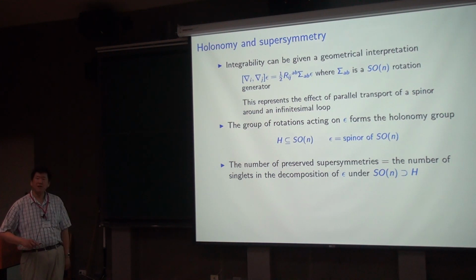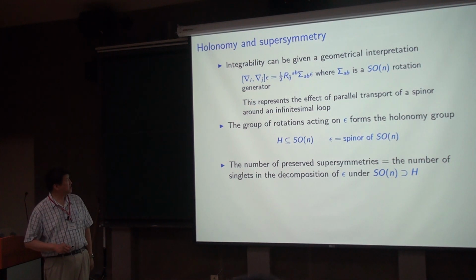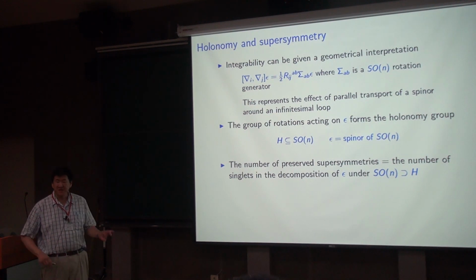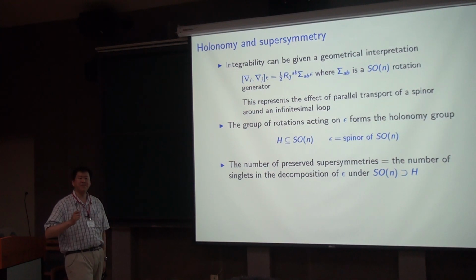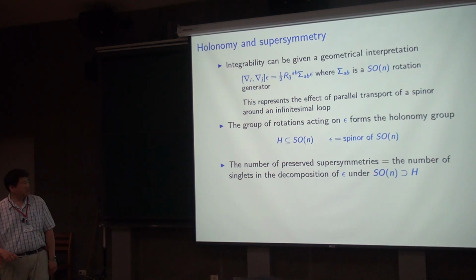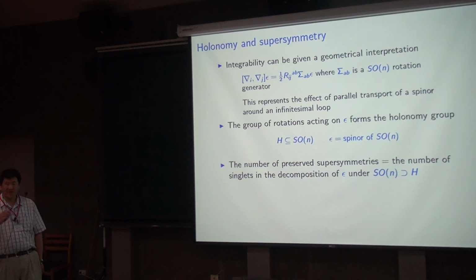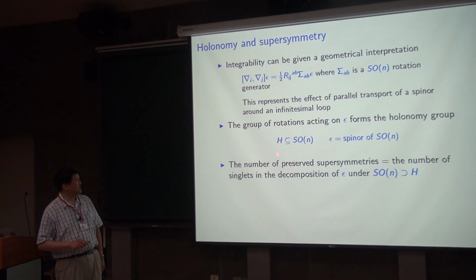Now, I want to solve the Killing spinor equation, which means I want the integrability to be 0. I want this parallel transport on a spinor to give you 0. I want the spinor to basically rotate back into itself. So the number of preserved supersymmetries is related to the number of singlets in the decomposition of the spinor in the holonomy group.